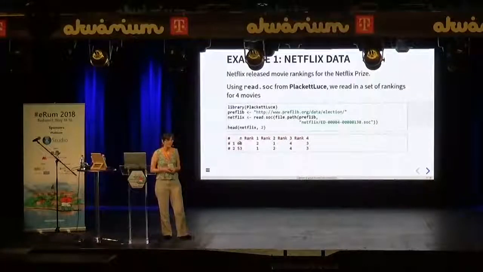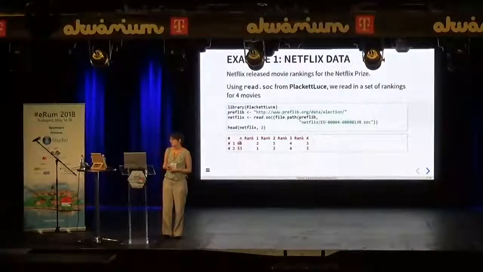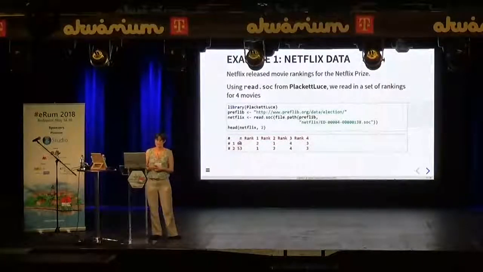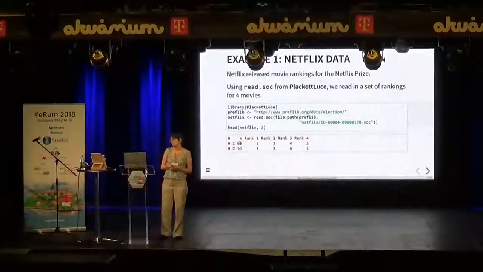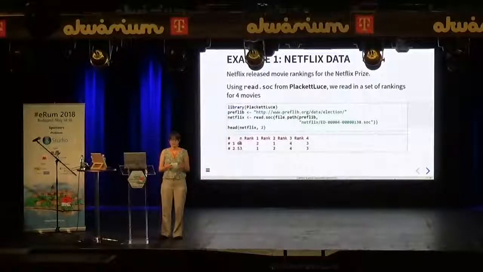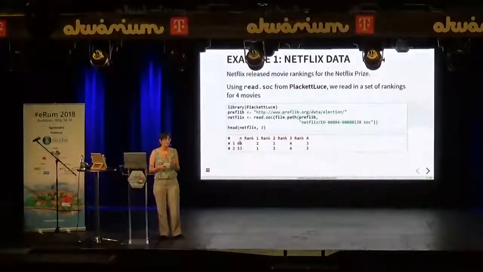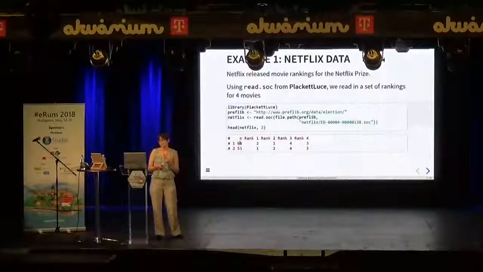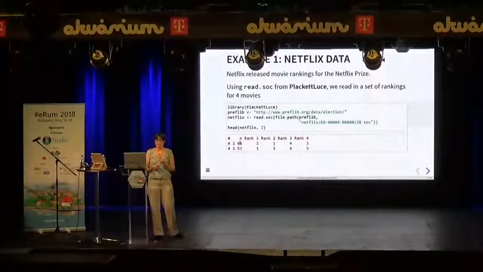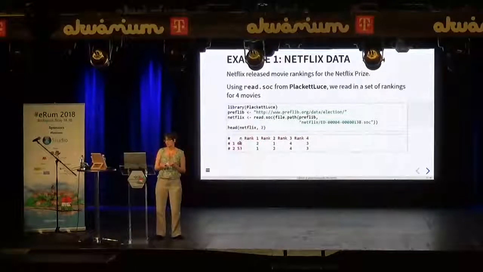So let's look at an example using data that was released by Netflix for the Netflix Prize. They released lots of movie rankings in a competition, and we're just going to look at a small subset here of rankings of 4 movies. And there's a little helper function in the PlackettLuce package called read.soc, which reads these rankings from a file in a particular format that's used on PrefLib.